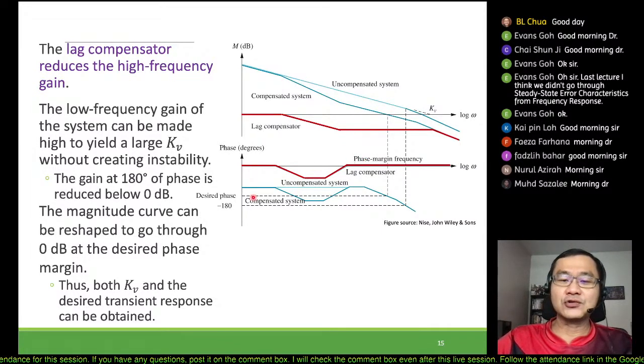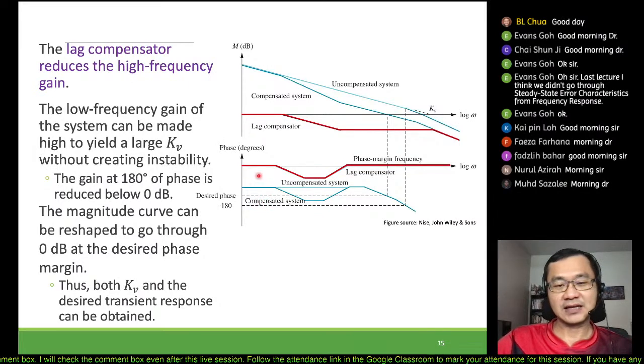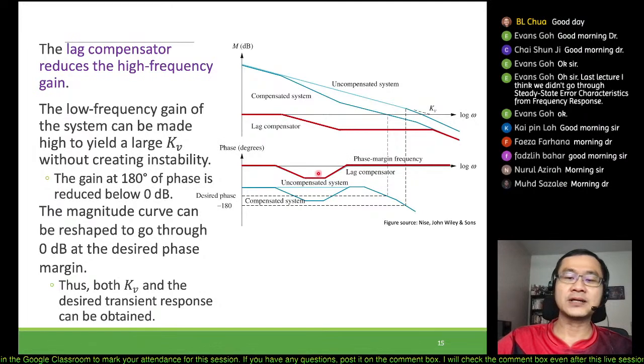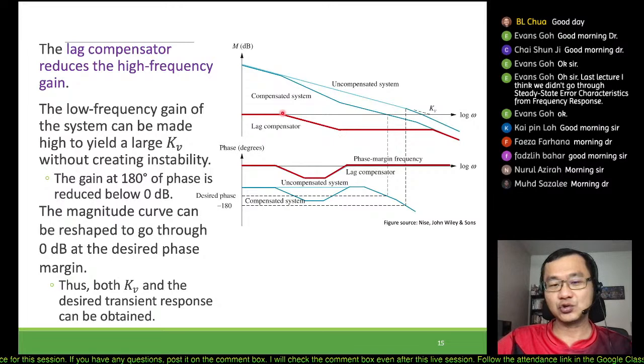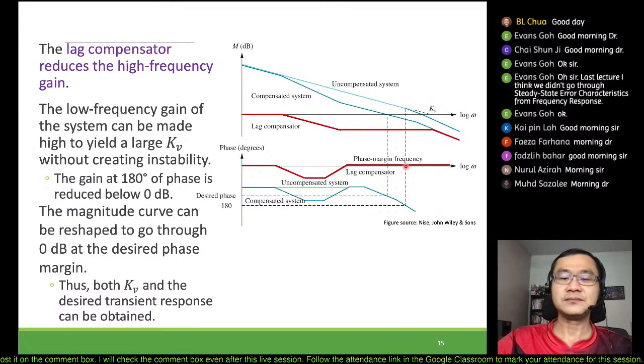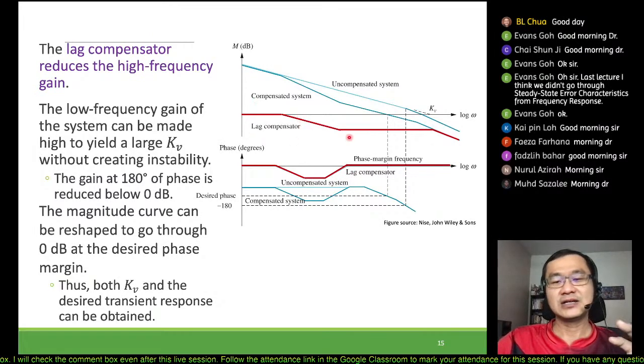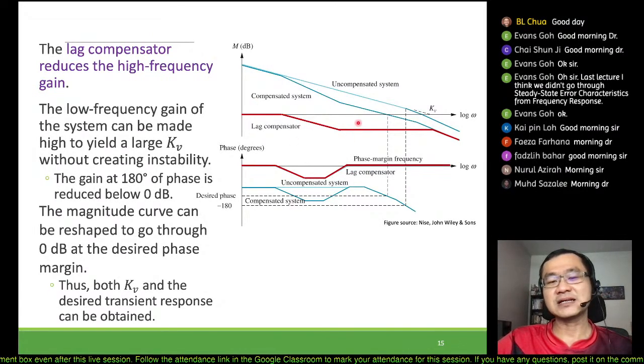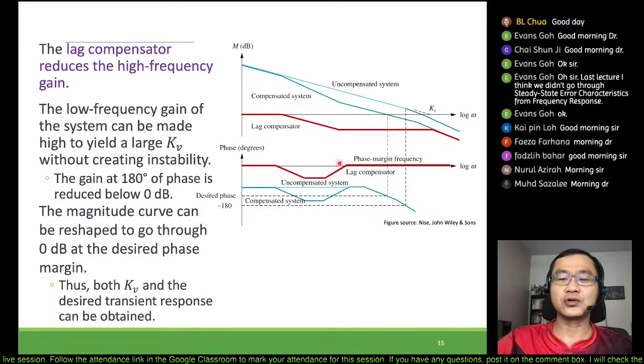By doing that, we are also adjusting the phase plot by shifting. You can see that originally we don't do anything, then at this particular point, when we have this line going downwards, the phase also correspondingly shifts down throughout this period, from 0 and then back to 0, right? So this is how you can see what the lag compensator does.